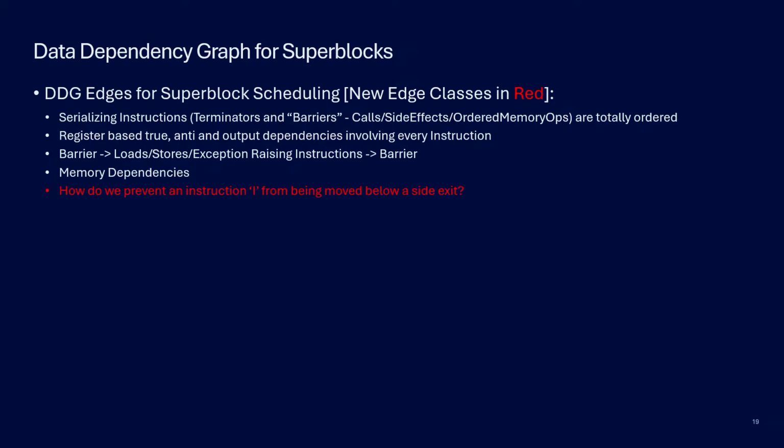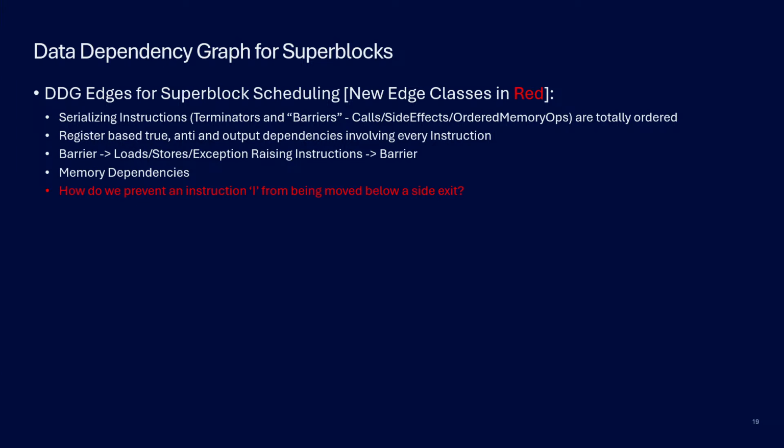So these are the dependencies that are already created by the basic block scheduler itself. But for a superblock scheduler, we need to create additional dependencies so that we don't move code illegally, right? We saw that sometimes we shouldn't move an instruction below a side exit. Why?